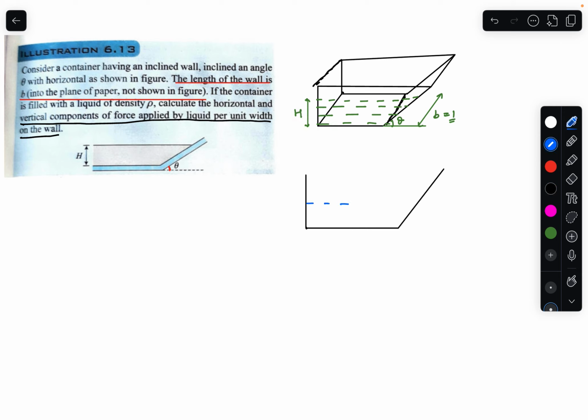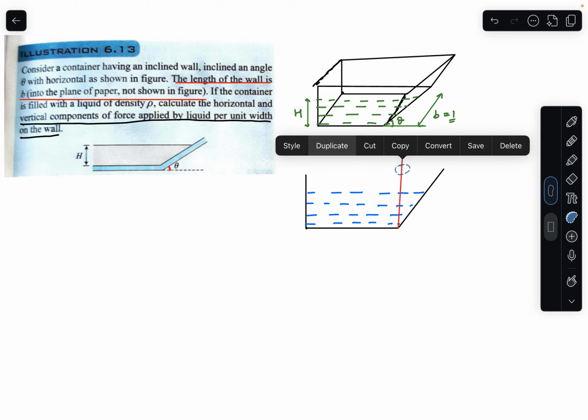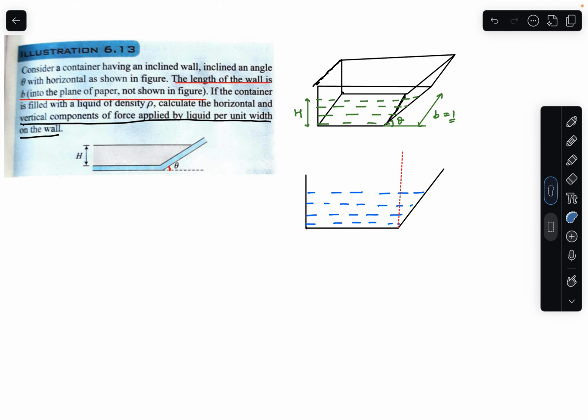Okay, now think about it: if I take a hypothetical line over here like this, the part of the fluid on this side will have its weight, which will be acting in the downward direction.